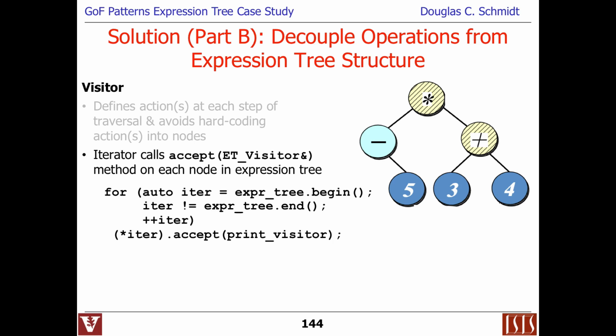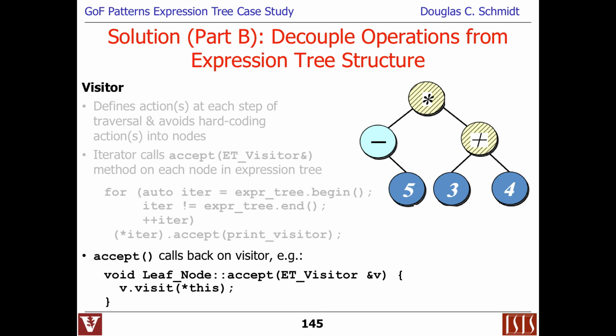When I say accept print visitor on this element in the tree, remember the iterator gives you back an element one at a time, accept is a virtual method call. And in this particular case, just for kicks, let's assume it's accepting on a leaf node, the number 4, right? So when accept is called, it's actually going to get dispatched to the leaf node's accept method because it's a dynamically bound call. That accept method here is the one that's getting called there.